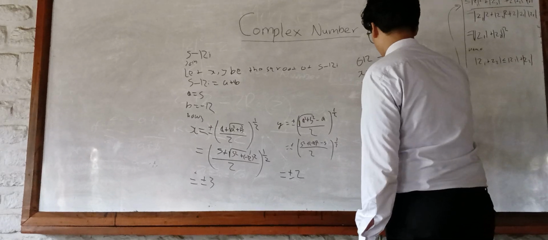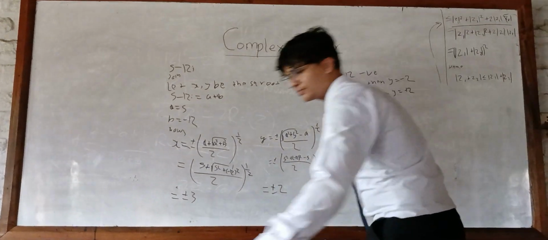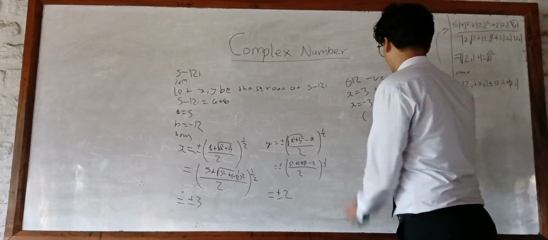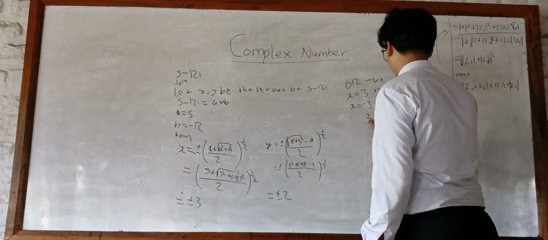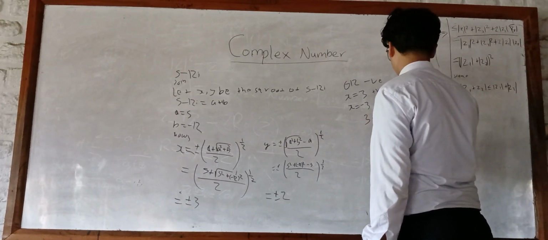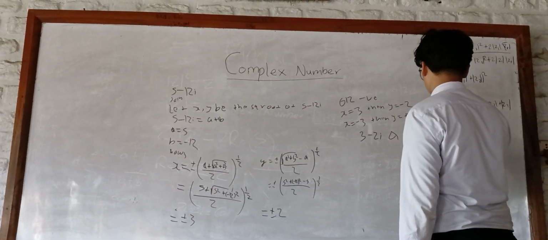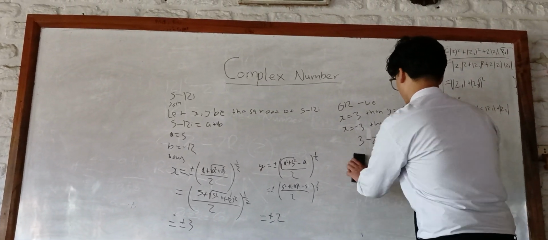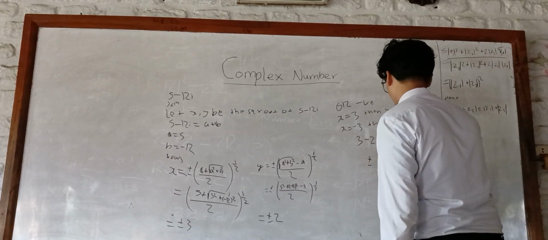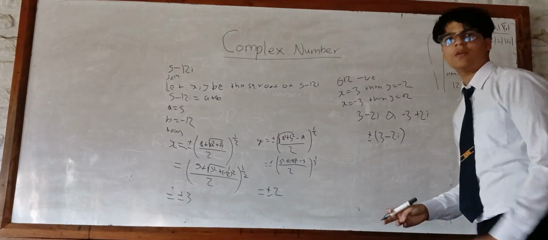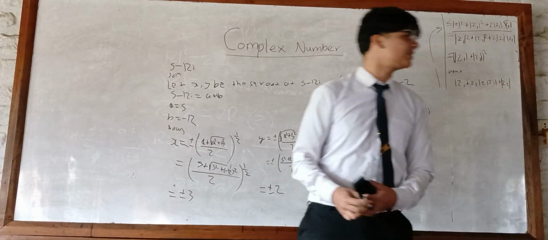So the roots are 3 minus 2i and minus 3 plus 2i, which we can write as plus minus (3 minus 2i). Thank you.